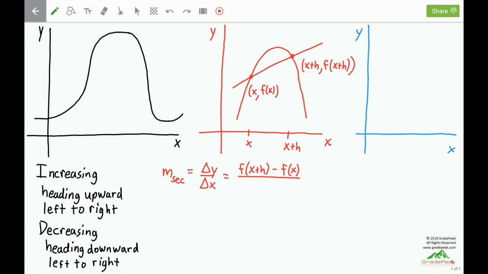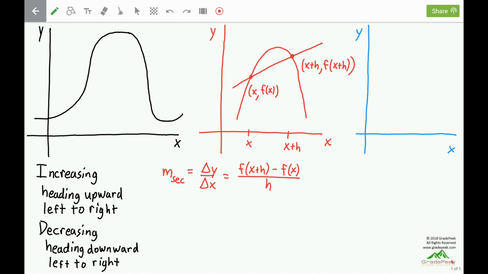And then we'll divide this by the final x-coordinate, that'll be the rightward point x-coordinate, x plus h, minus the initial x-coordinate, that's on the leftward point, which is x. So x plus h minus x. The x's will cancel, and that will leave us with just an h. There's your slope of your secant line.